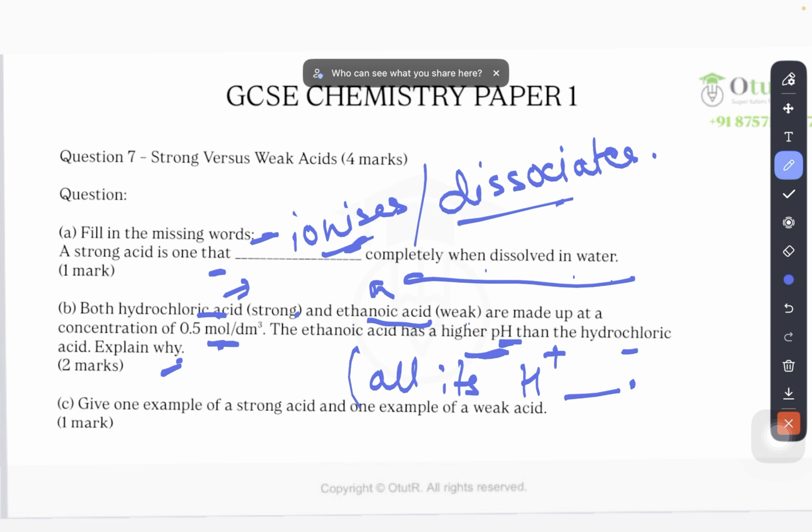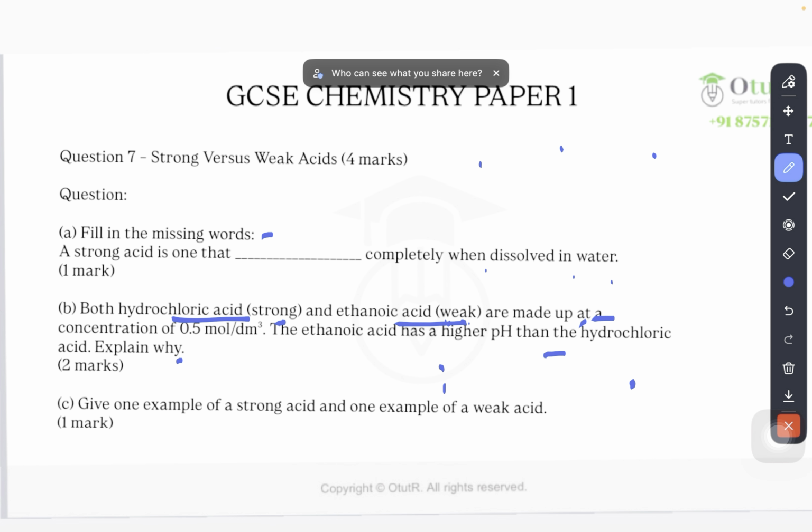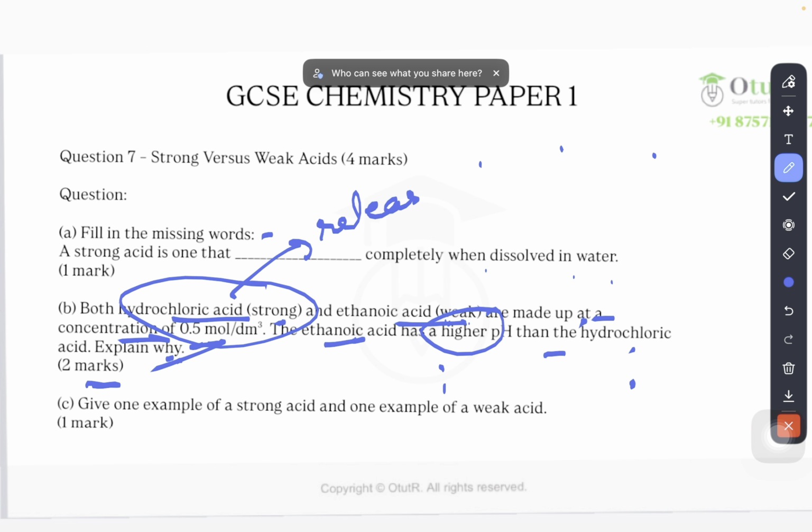Both hydrochloric acid and ethanoic acid are made up at the same concentration. The ethanoic acid has a higher pH than hydrochloric acid. Why? We have to give 2 strong reasons. Hydrochloric acid is a strong acid, which means it dissociates or ionizes completely. It releases all its hydrogen ions into the solution.